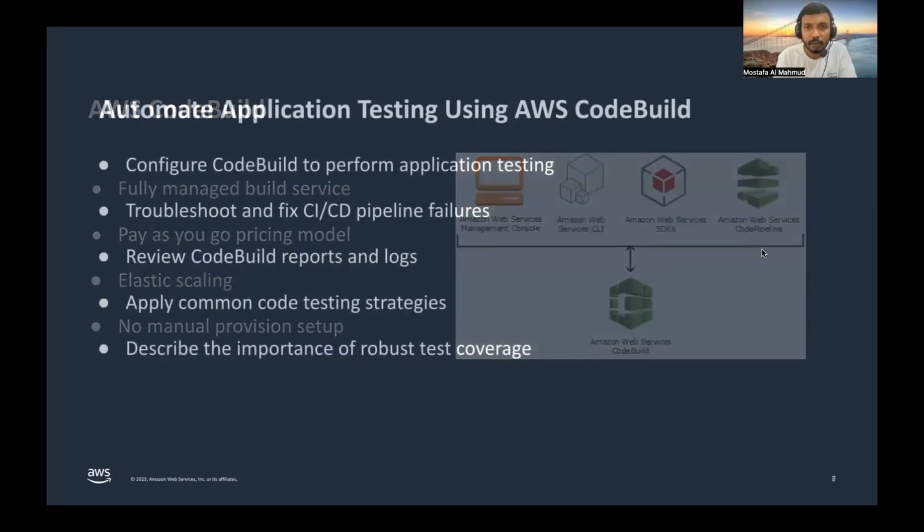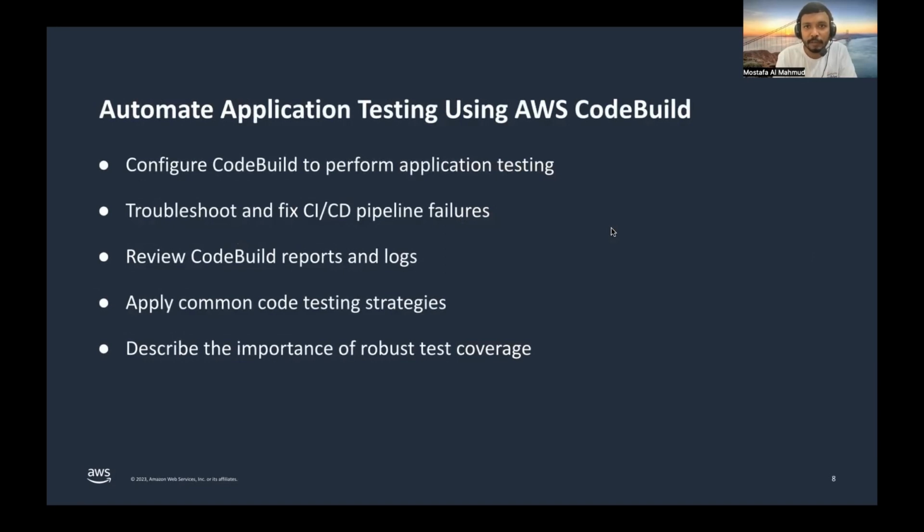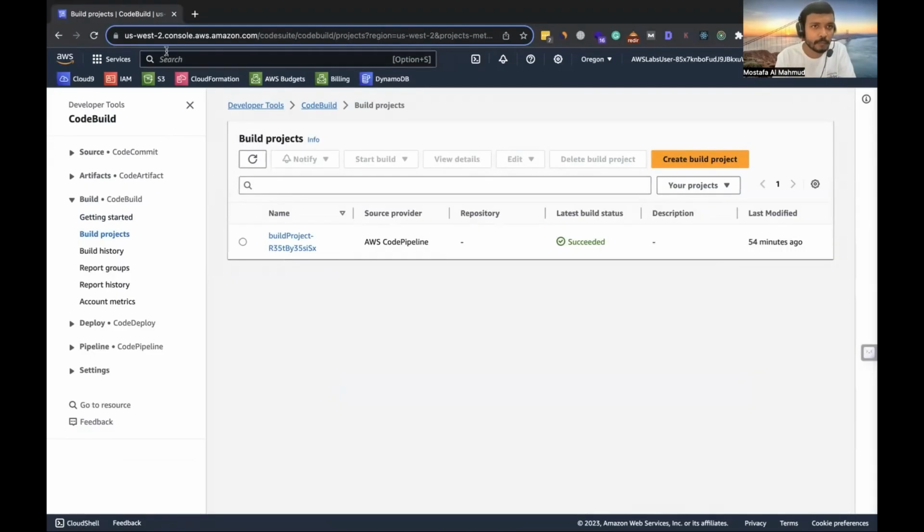In this lab, we will explore some features: configuring CodeBuild to perform application testing, troubleshooting and fixing CI/CD pipeline failures, reviewing CodeBuild reports and logs, and applying common code testing strategies. For the demo, we have some lines of code, and we'll describe the importance of robust test coverage and its automation using CodeBuild.